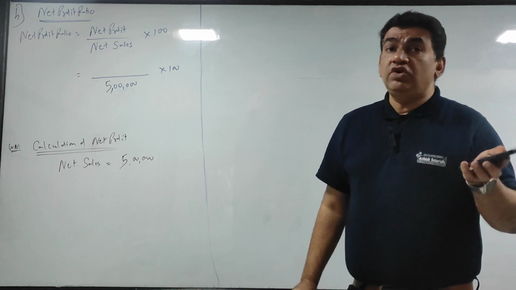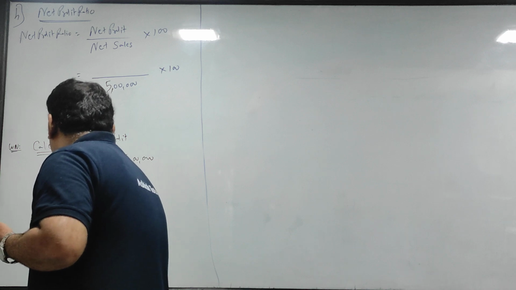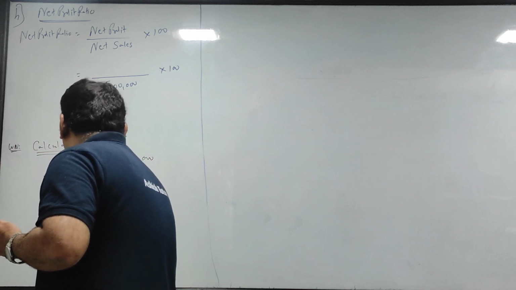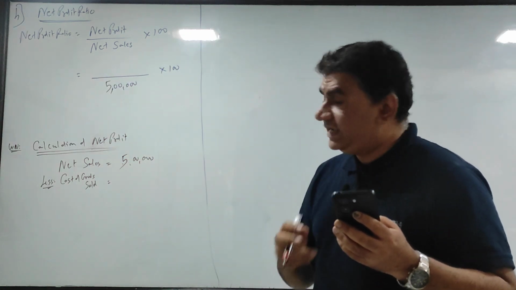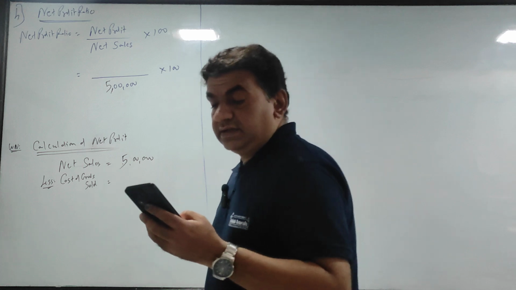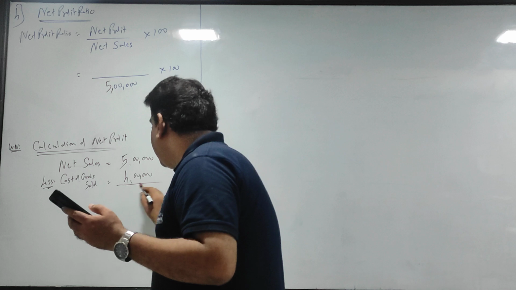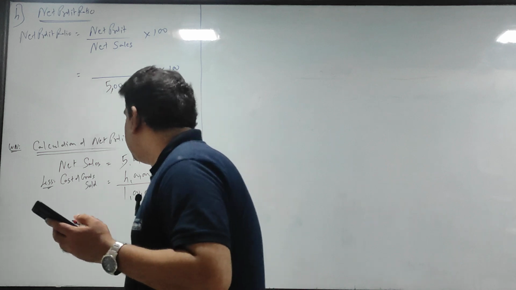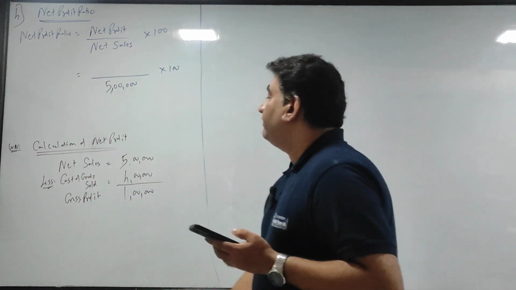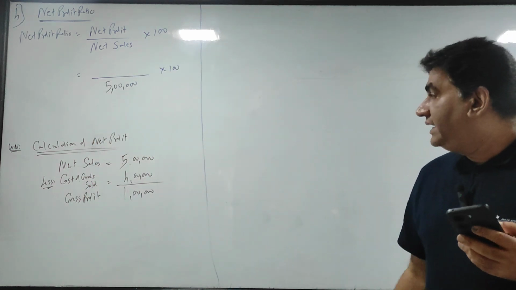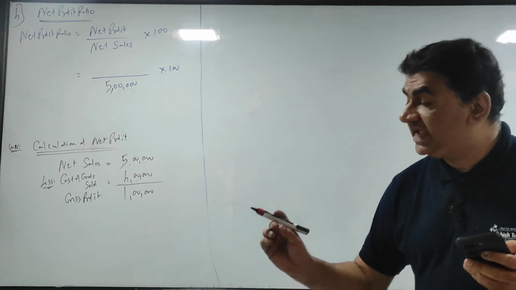कितना है मेरा cost of goods sold? 4 lakh. So now what will happen? From my net sales, I deduct cost of goods sold, that is 4 lakh. So 5 lakh minus 4 lakh, I get gross profit 1 lakh. बट मुझे ग्रॉस प्रॉफिट नहीं चाहिए, मुझे चाहिए नेट प्रॉफिट.